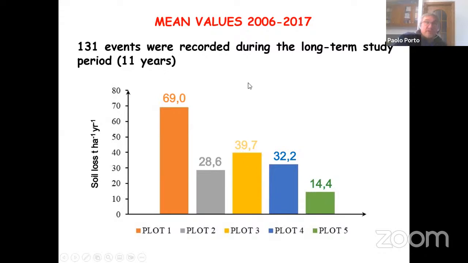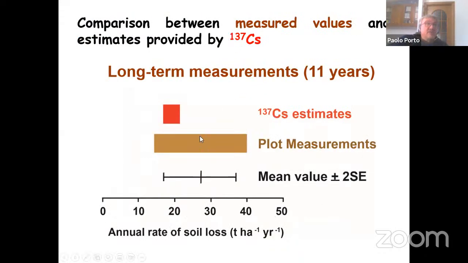And I would expect that cesium estimates will be closer than the first attempt. And in fact, if you look at this comparison, which was the same that we did for the 2006 experiments, you can see that cesium-137 falls again within this range of plot measurements, but it falls better than before.